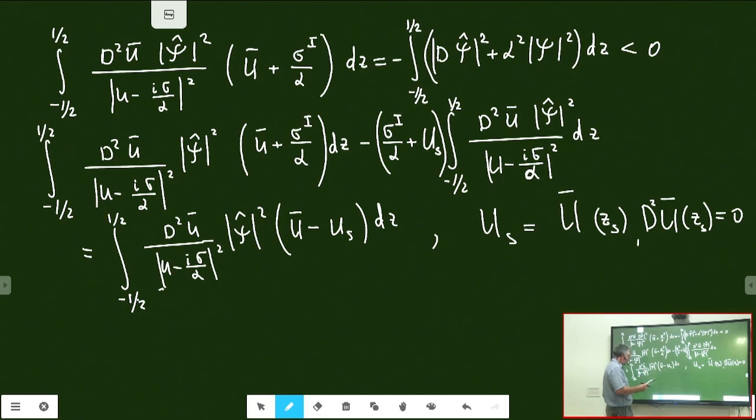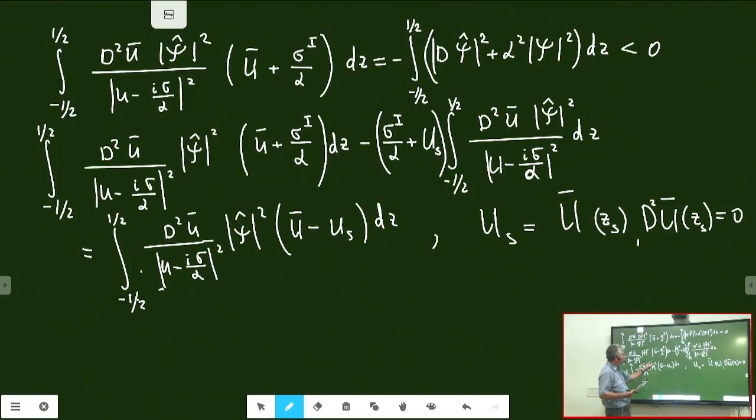So remember that this whole thing is essentially the left-hand side of that expression over there. And it has to be negative. So what does that mean? Well, this is still positive. This is still positive.